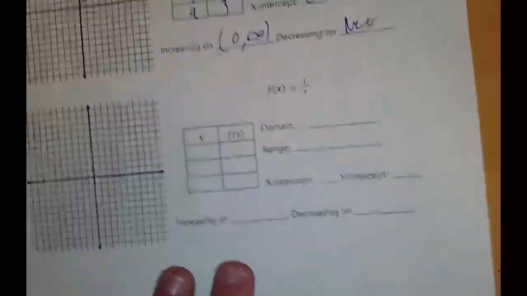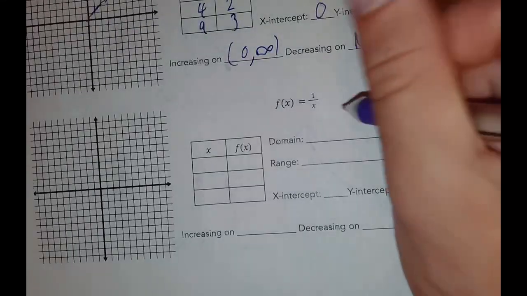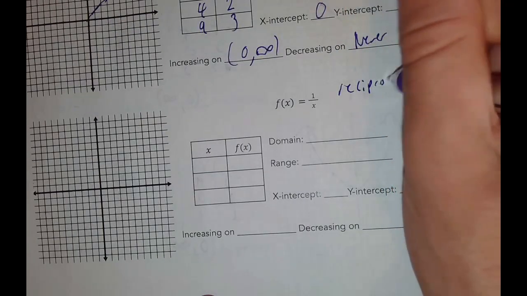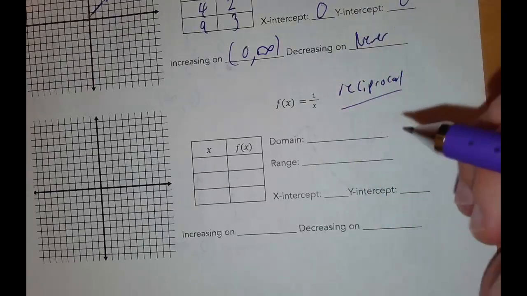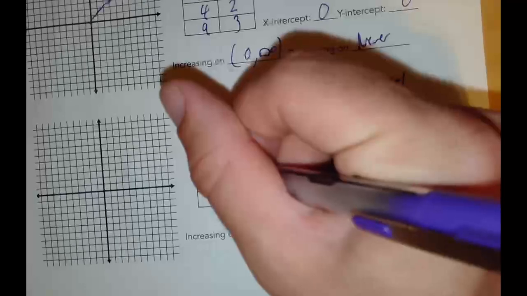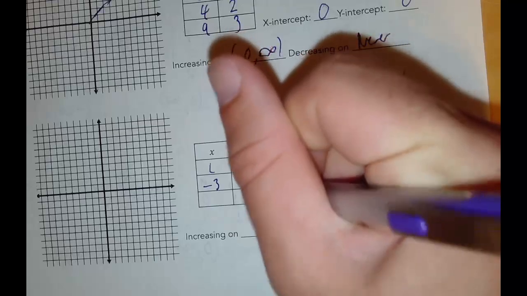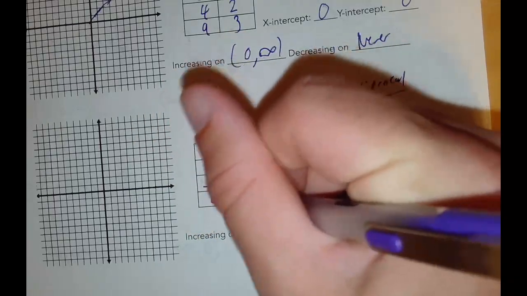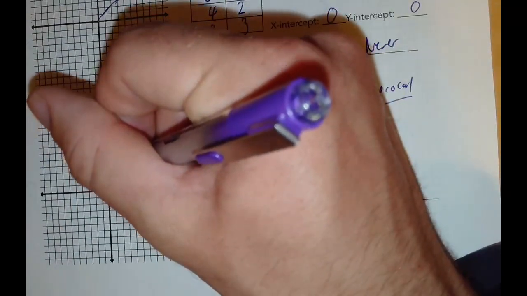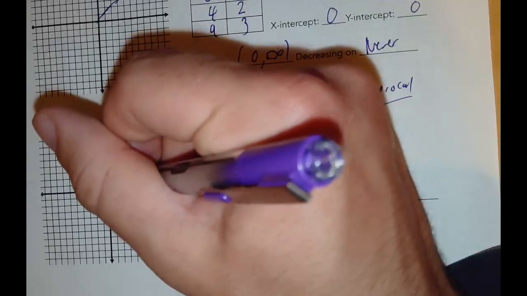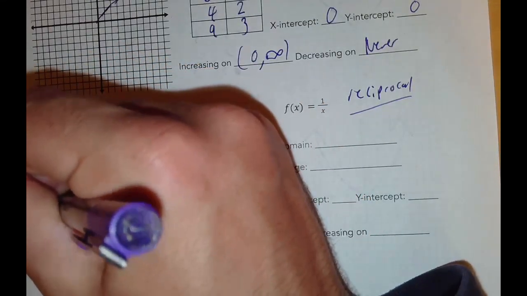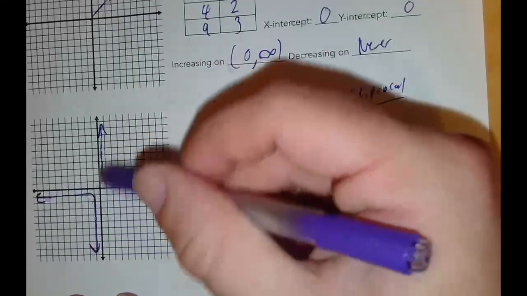Okay, last one, 1 over x. This is called the reciprocal. Plug in a 1, you get 1. Negative 3, you get negative 1/3. 4, you get a fourth. If you think about this one, as you divide by smaller and smaller numbers, it gets super, super big. As you divide by bigger numbers, it gets smaller, and it mirrors that on the negative side. But what happens in the middle?